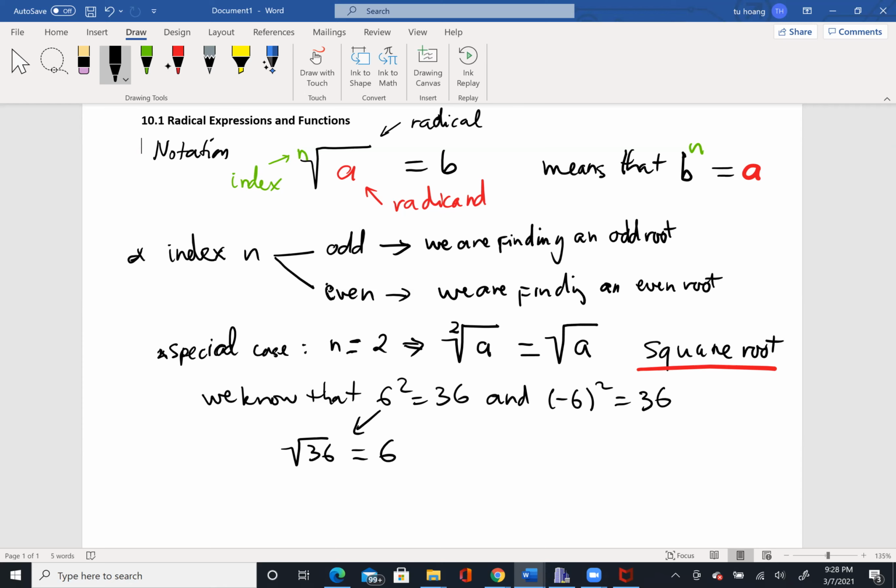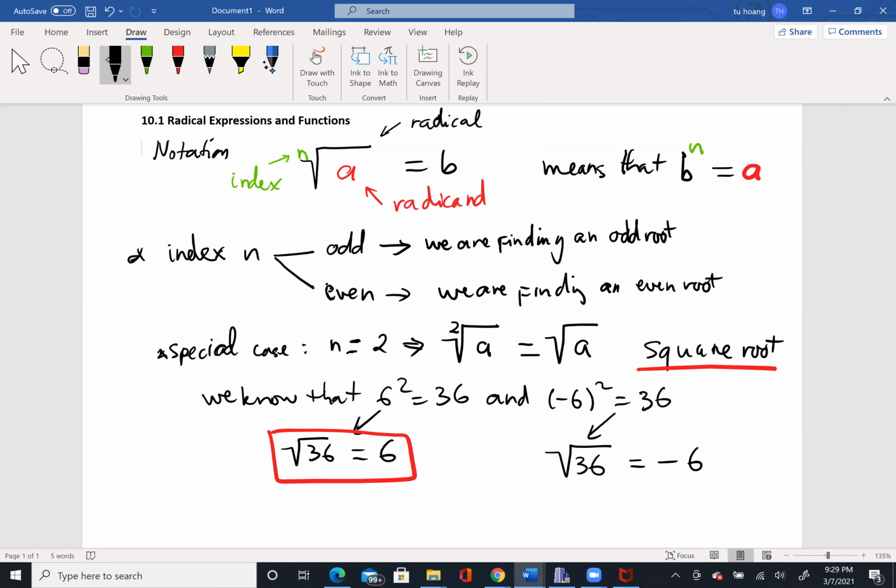Okay. So let me circle this one. What about the other case over here? If you want to rewrite this in the radical form, you would write square root of 36 equal to negative 6. Okay.